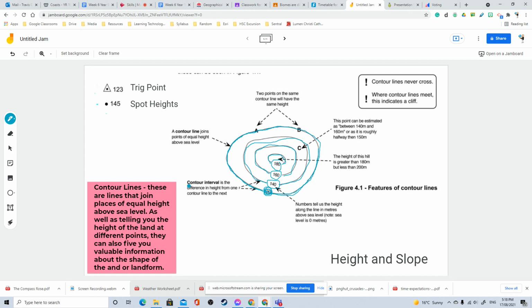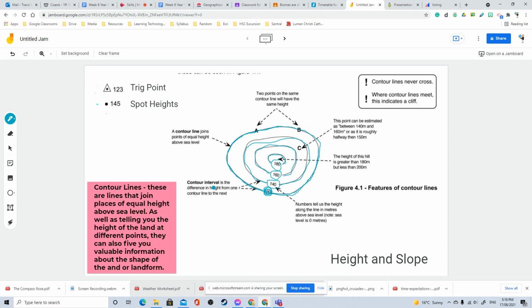Now we refer to the contour interval. This is the difference in height between each of the lines. We've gone from 120 to 140 to 160 to 180, and you'll notice that we are going up in 20 meter intervals. The contour interval is usually given somewhere on the map.